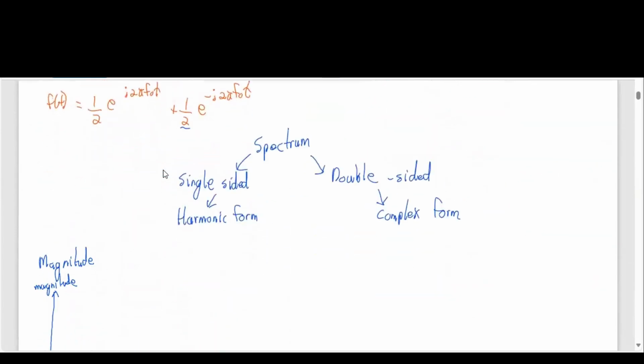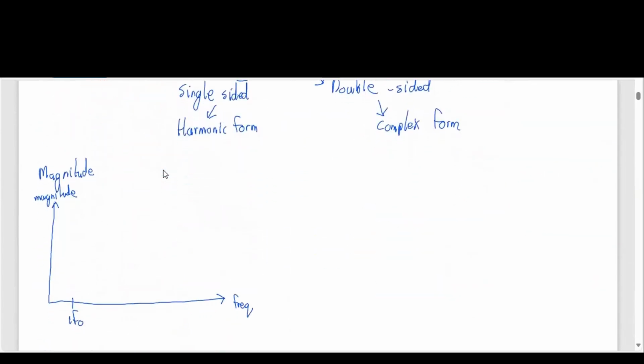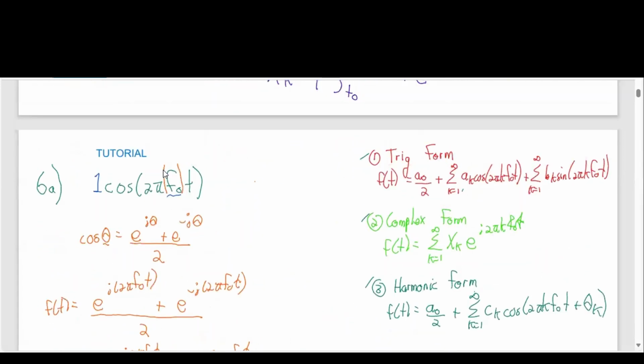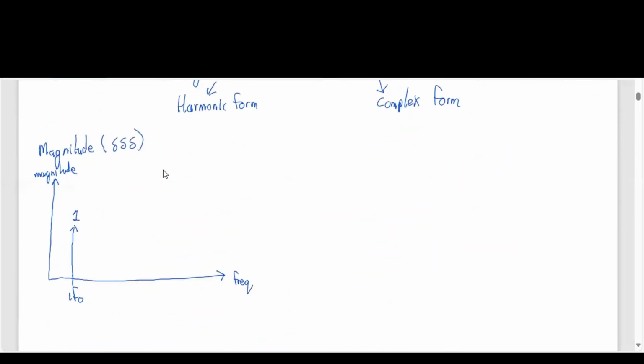So if I plot the single-sided spectrum, the one F naught would just go up to 1. And the phase is always the plus theta k part. In this case, there is no plus any angle, so it has no phase. So the phase spectrum will just be empty basically.